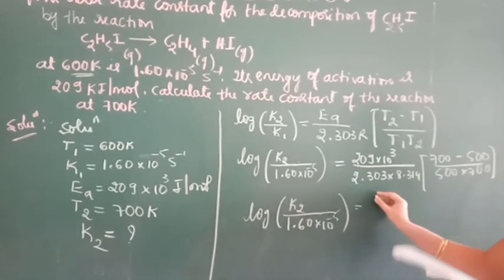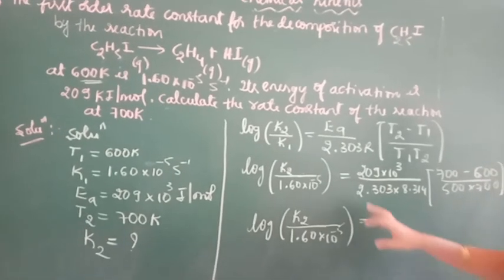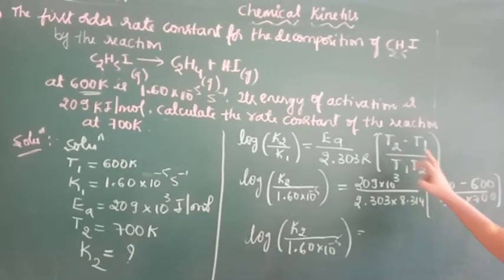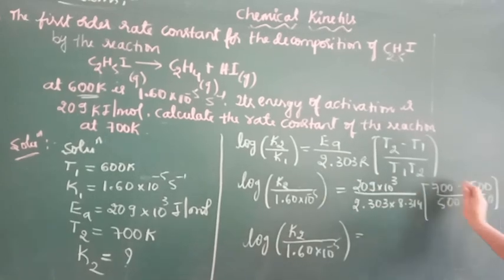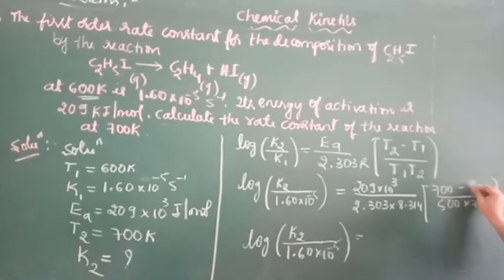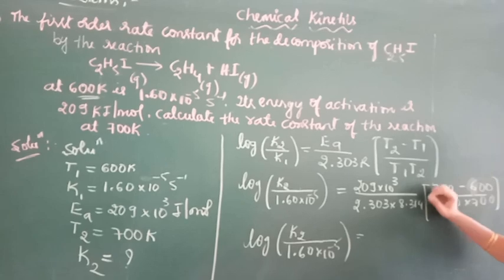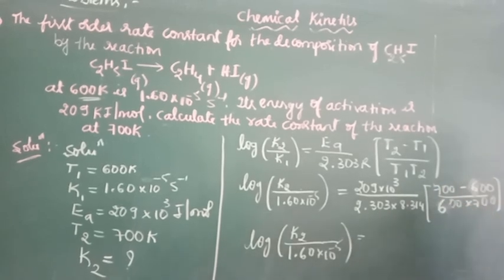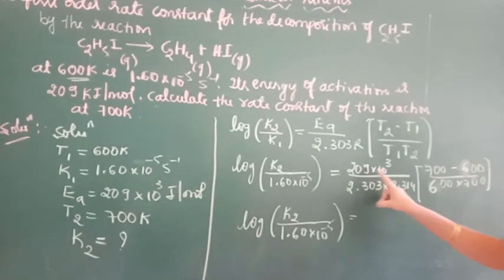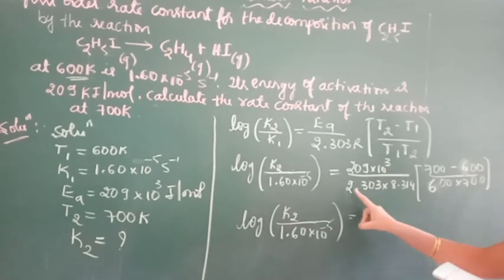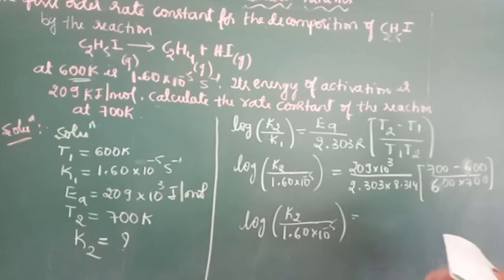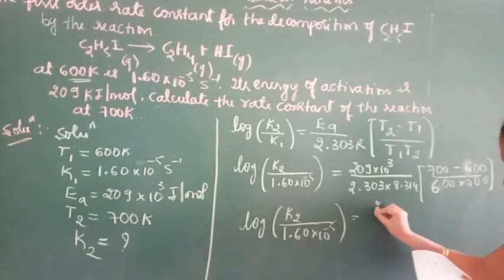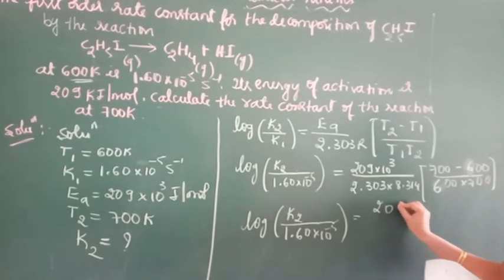Here the T2 value is 700 and T1 value is 600. Sorry, here the T1 value is 600. So 600 into 700. Here 209 into 10 power 3 divided by 2.303 into 8.314 becomes 20900.